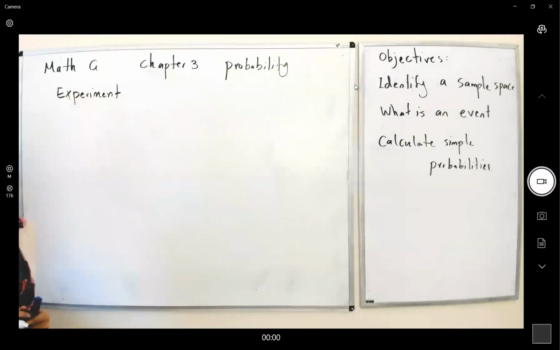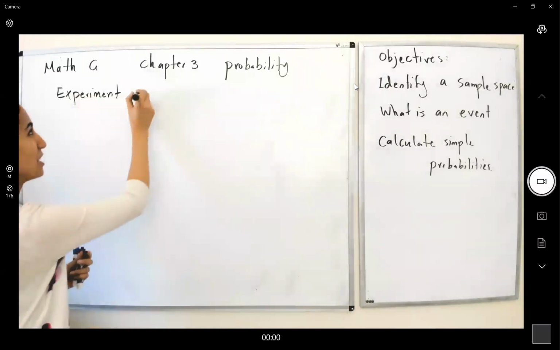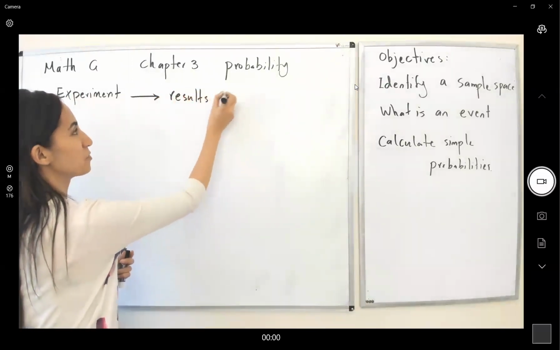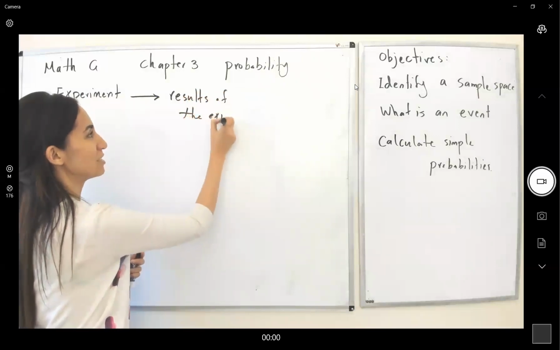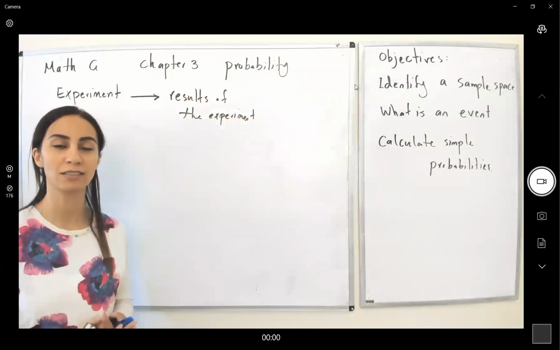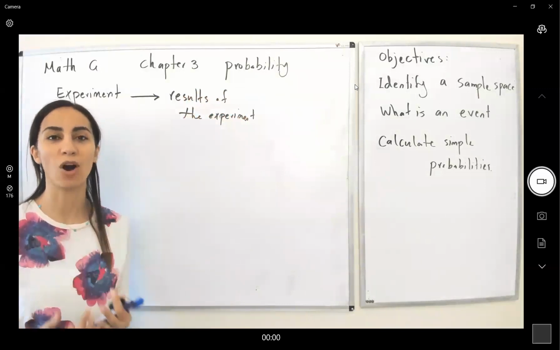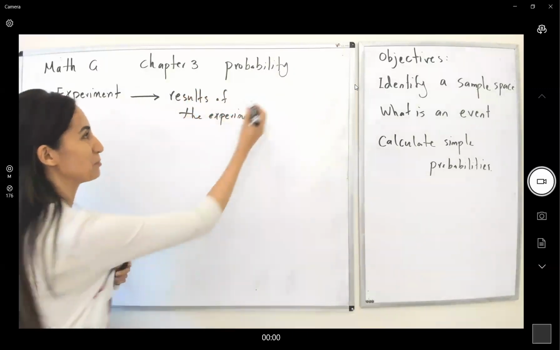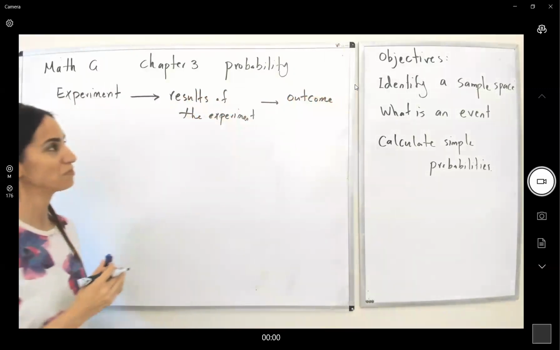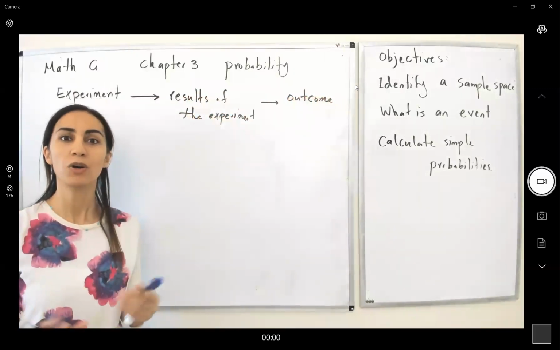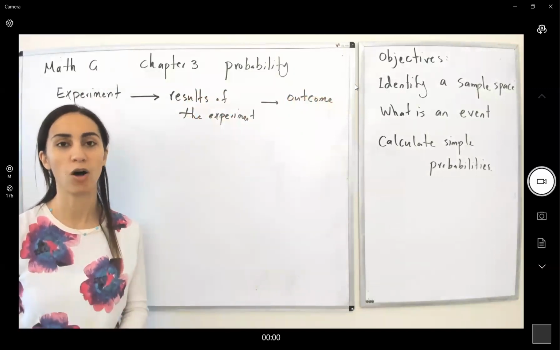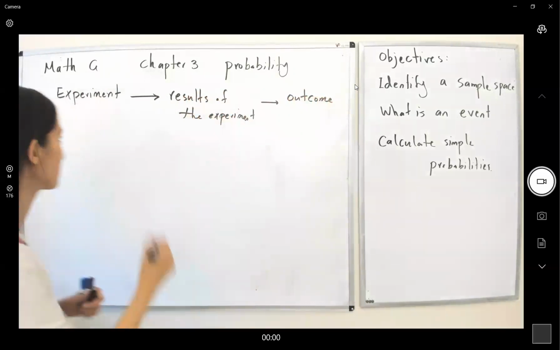So you have an experiment. In that experiment, you look at the results of the experiment, and each result is actually an outcome of that experiment. So the collection of all possible outcomes is called a sample space.